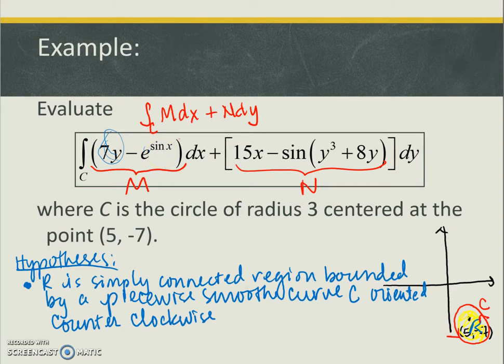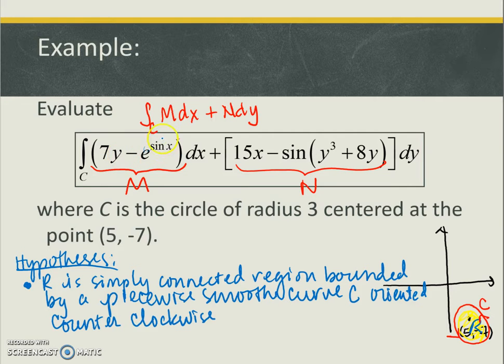The derivative of an exponential is an exponential, and exponentials we know are nice and continuous. When I use the chain rule to take the derivative of e to the sine x, I'm going to have e to the sine x times the derivative of sine x, which is cosine x. Also, a very continuous, nice, smooth, well-behaved function.